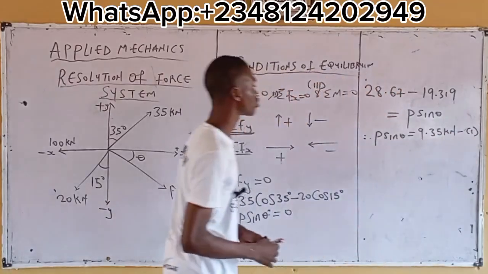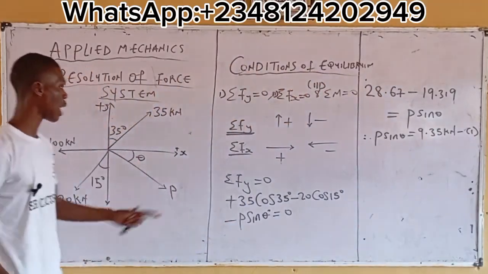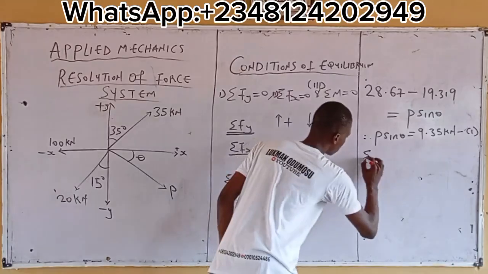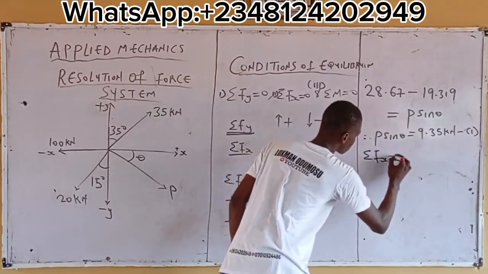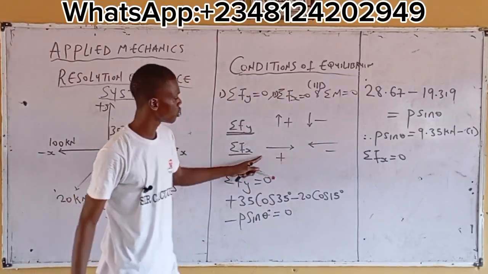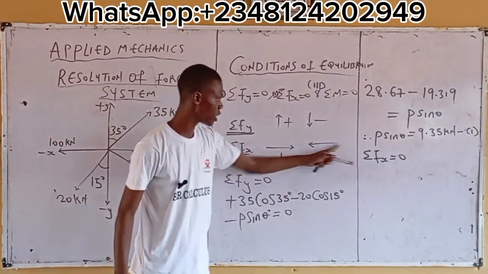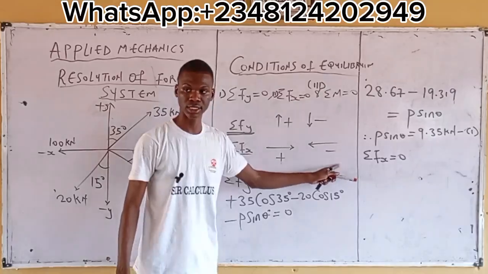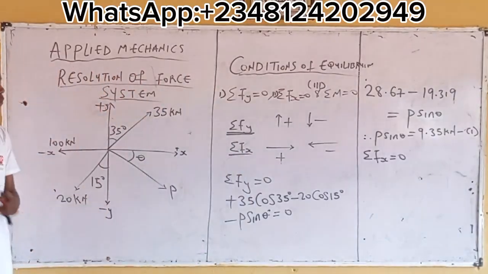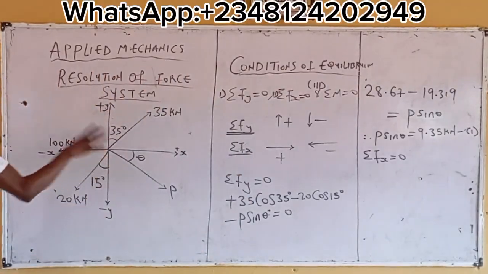Now we've gotten equation 1. How do we get equation 2? This condition says that the summation of Fx equals 0. Considering this law, any force of this nature is positive, any force of this nature is negative, right? The same way you solve for vertical forces, that's what you are reversing here. Check this force system.